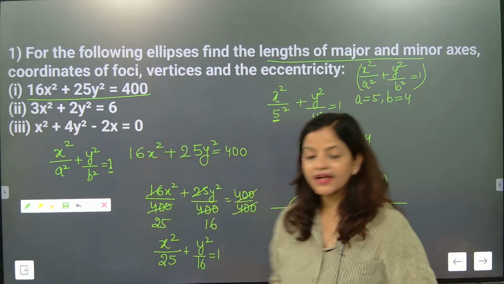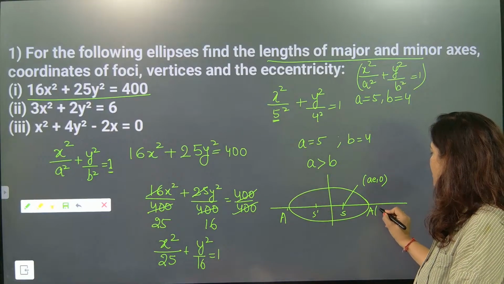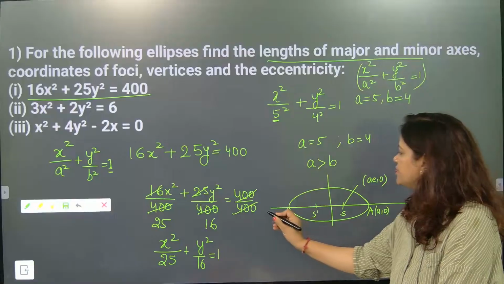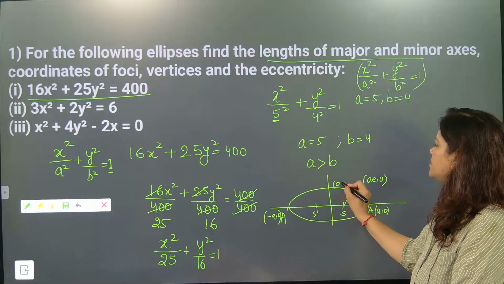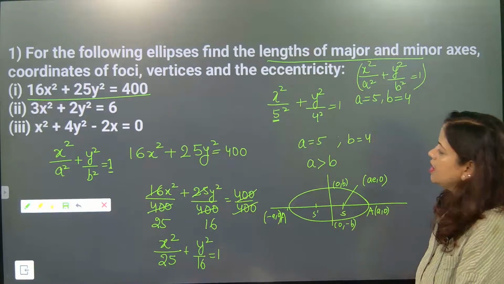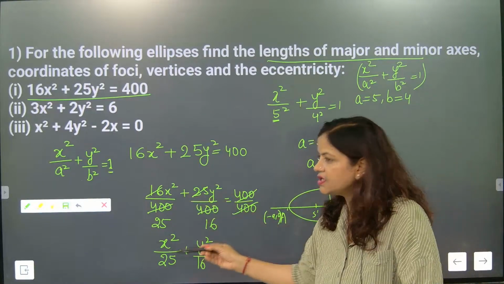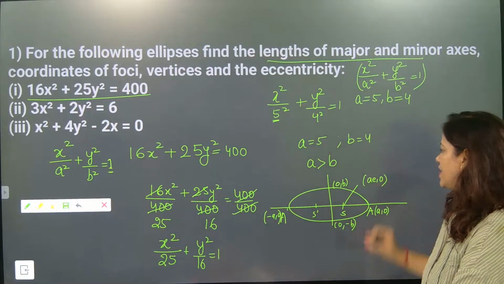So this is exactly the way we are proceeding. Nishika, look here. The vertex point will become a comma 0, and this point is minus a comma 0. This is 0 comma b, and this will become 0 comma minus b. First we wrote the equation, converted it into the standard equation, and got the values of a and b.